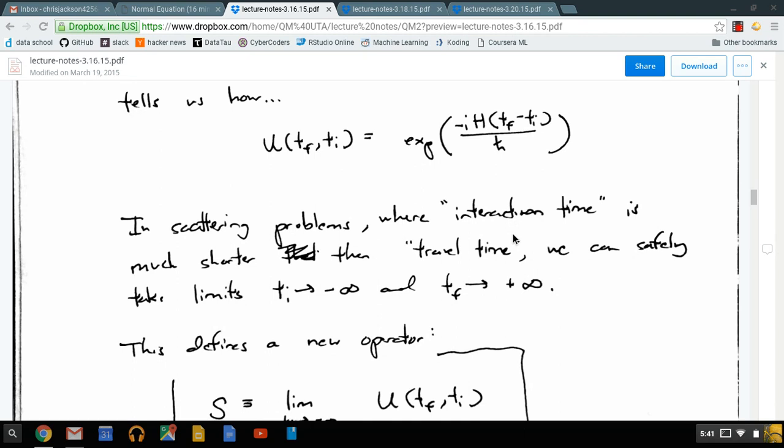In scattering problems, we're always going to be interested in transitions that occur between the initial time and the final time.